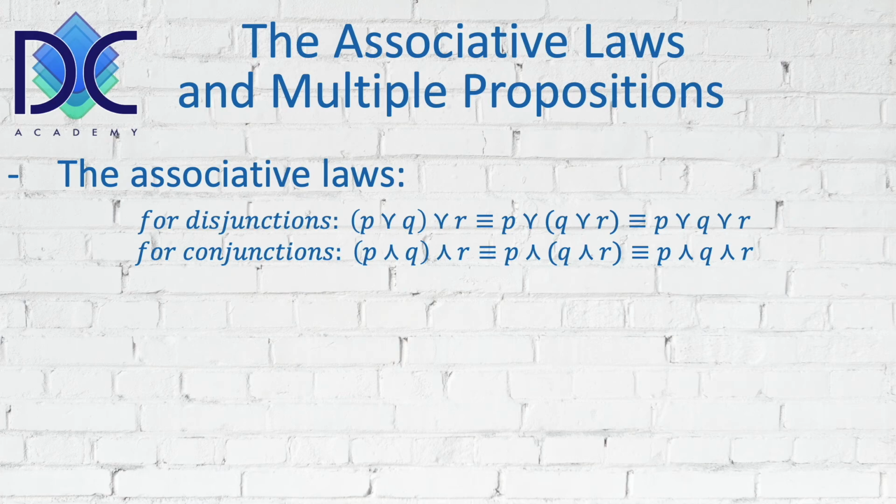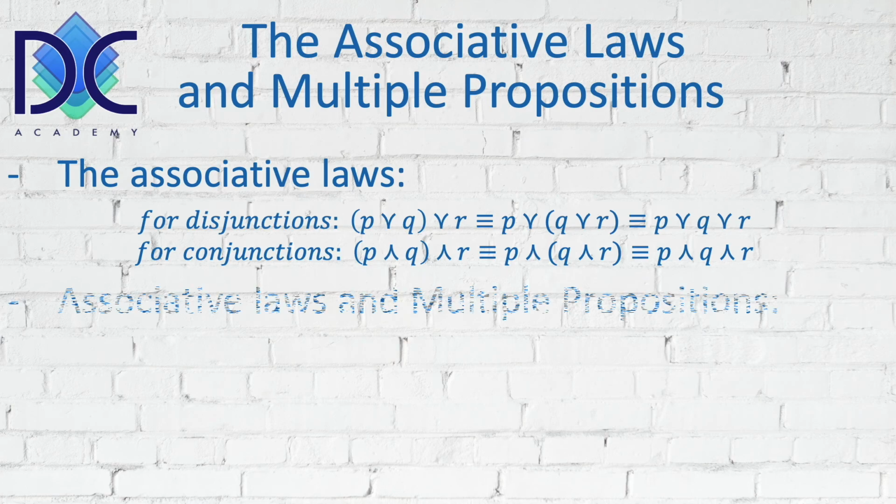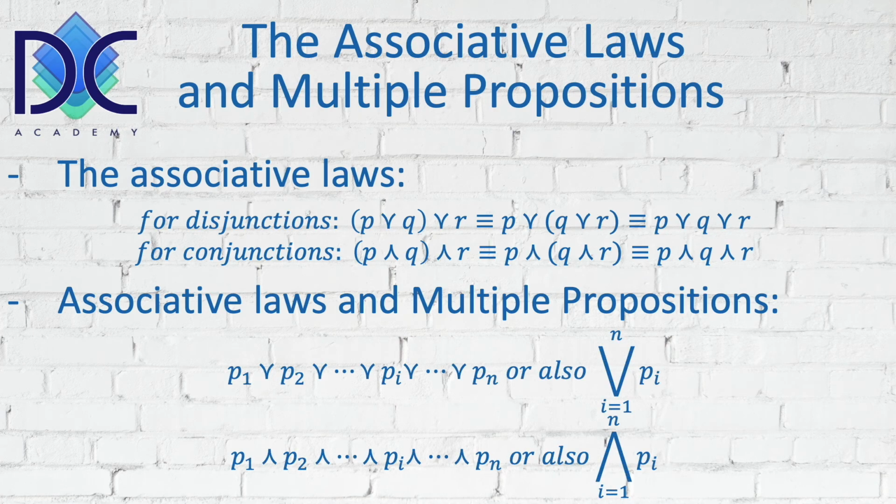The same for the conjunctions. And what we can do now is introduce multiple propositions. Instead of just one proposition, for the disjunctions, we can say we have P1 or P2 or Pi up to Pn.